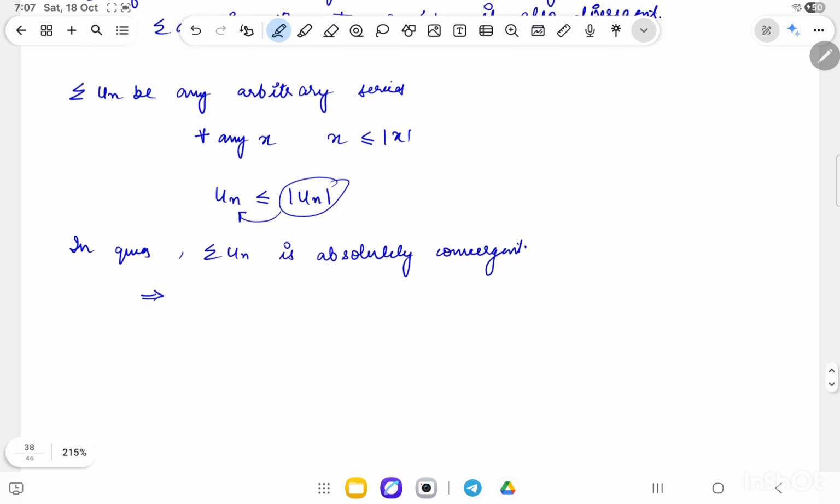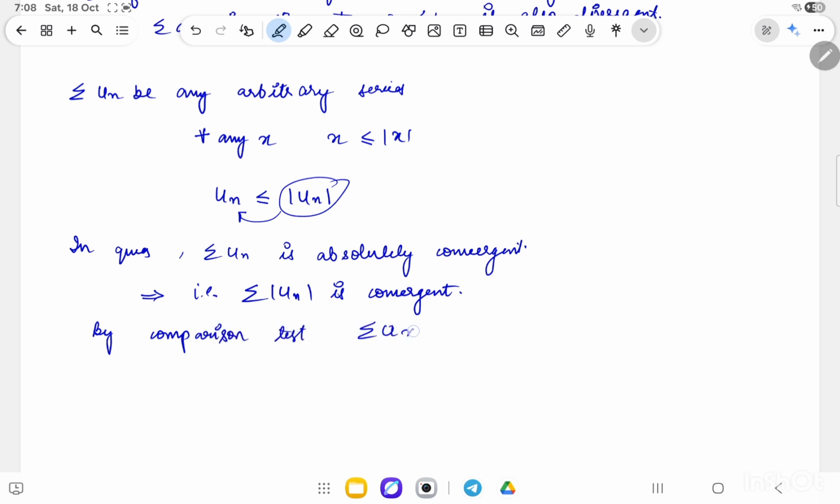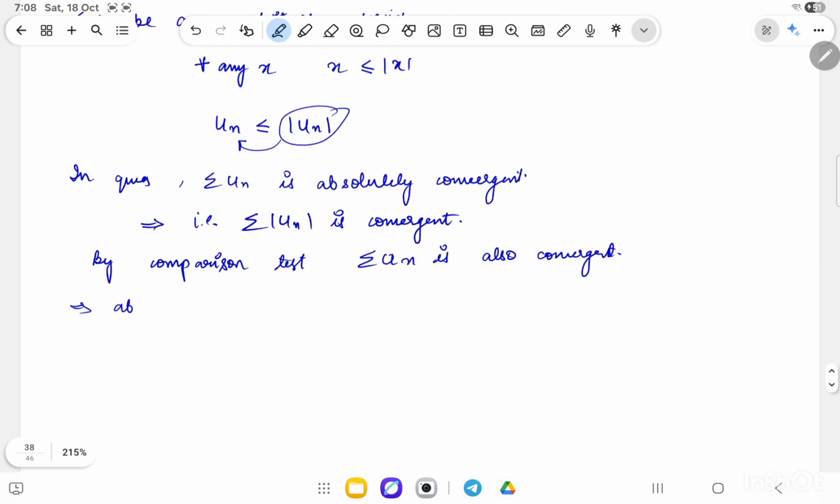So summation mod un is convergent, and by the comparison test we got that summation un is also convergent. So from here we got that an absolutely convergent series is convergent.